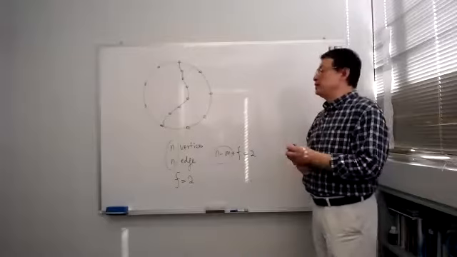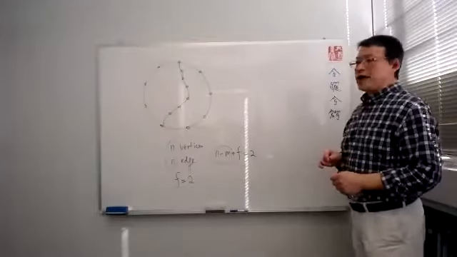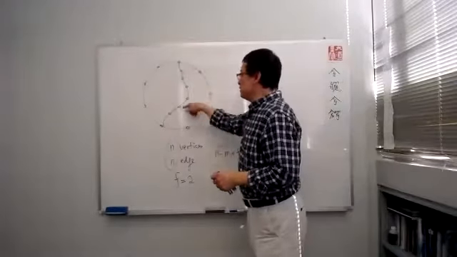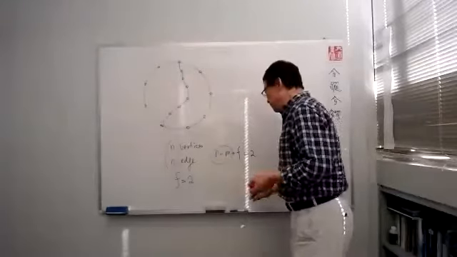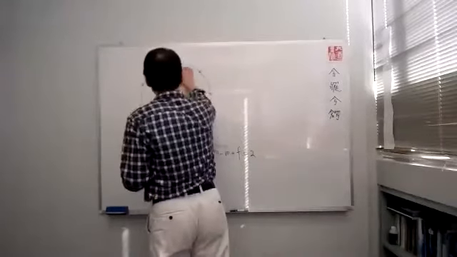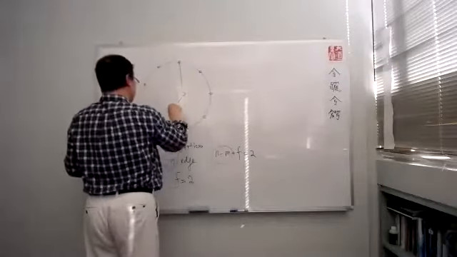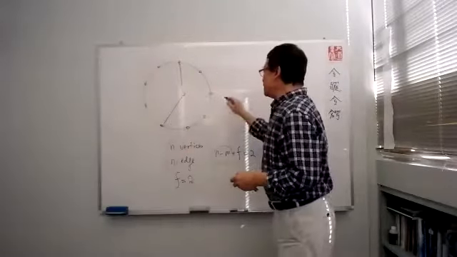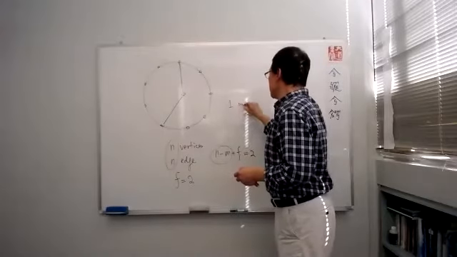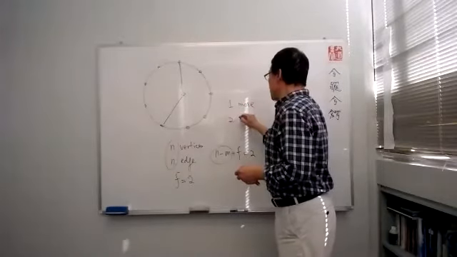Otherwise, we go to another intuitive idea. Once we have this cycle, how many vertices do we add? Let me make it simpler, maybe just 2. We add one more vertex, two more edges.